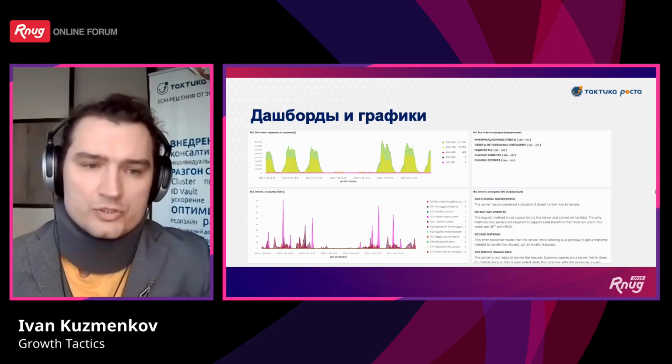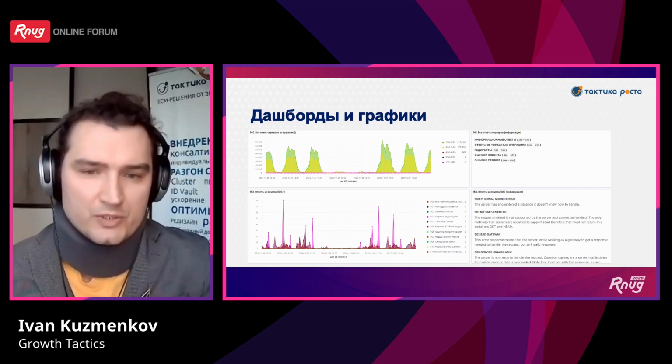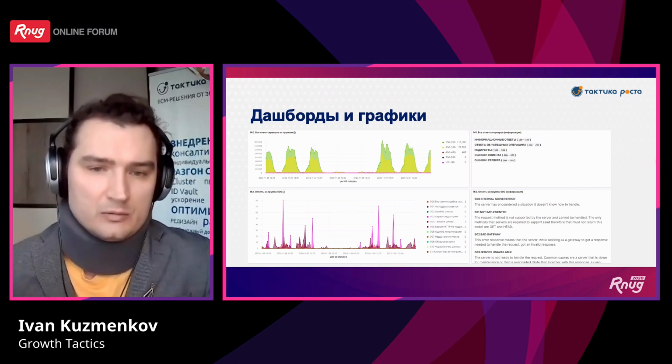And let's go back a slide. So it is very inspiring that we have a tool to show our customer that we have this or that number of requests, that they're mostly processed without any faults.